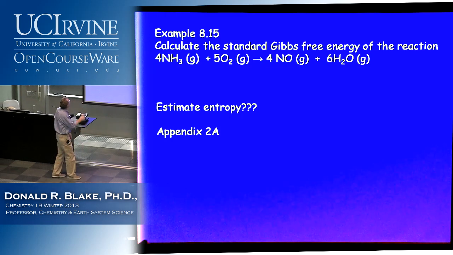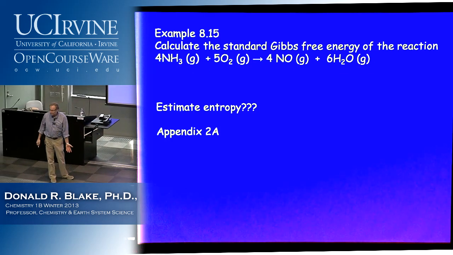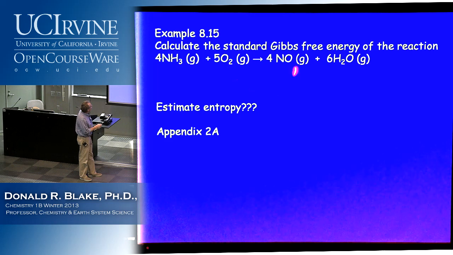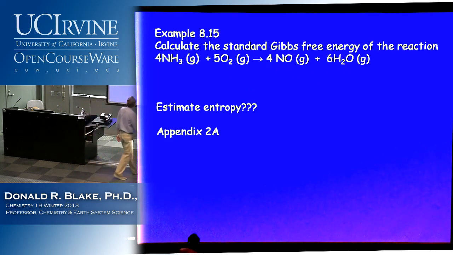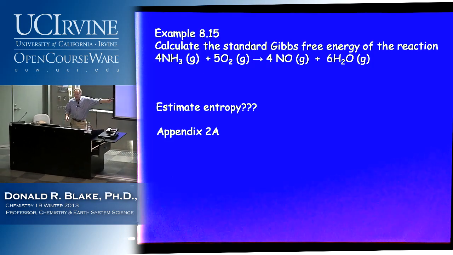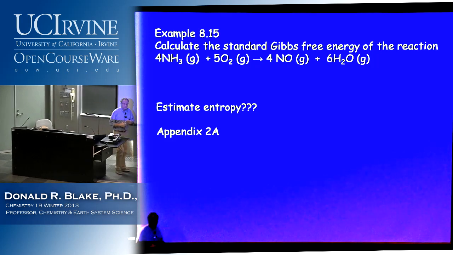So, in this reaction right here, you can just go to that appendix and look at what is the delta G for NH3, for O2, for NO, and for water. And I can tell you what one of them is going to be. But look at this. What's the sign of entropy going to be?